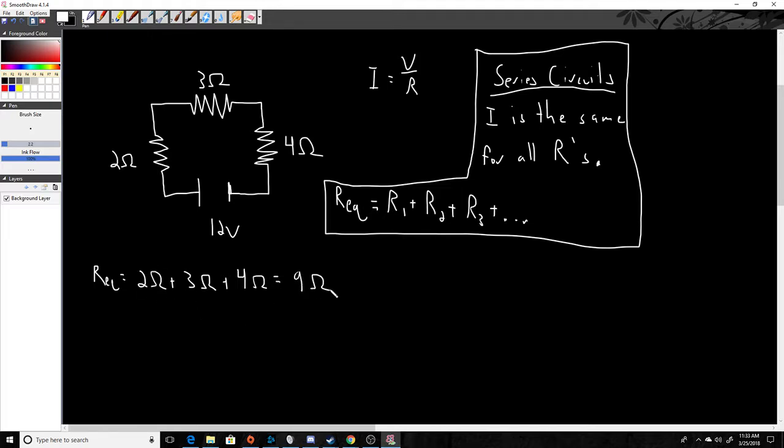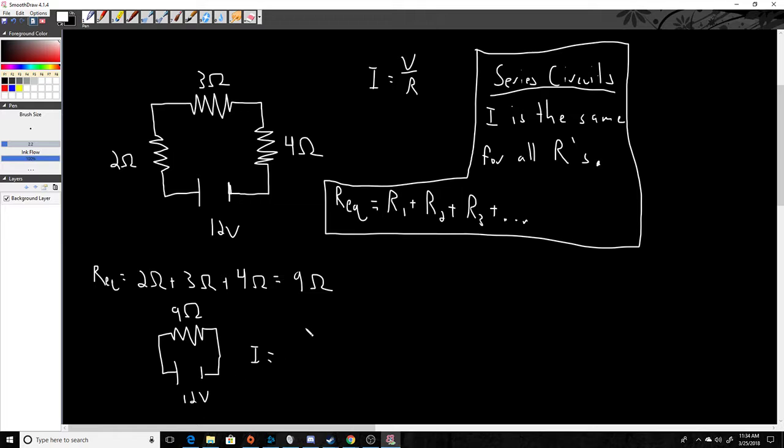So I can take these 3 resistors and treat them like they're all together in one resistor. I've still got a 12 volt battery, and now I just have a 9 ohm resistor on it. Now my math becomes pretty easy, and I can use Ohm's law, I equals V over R.